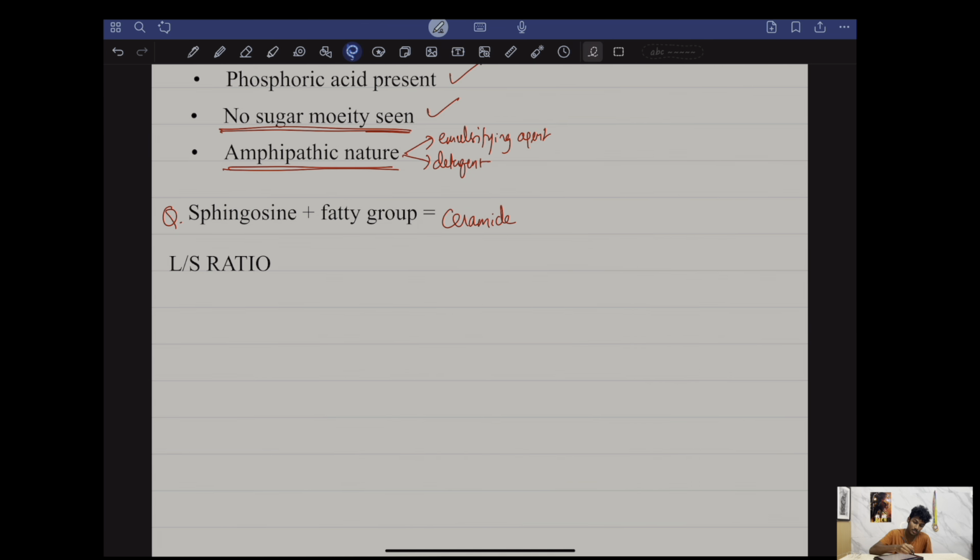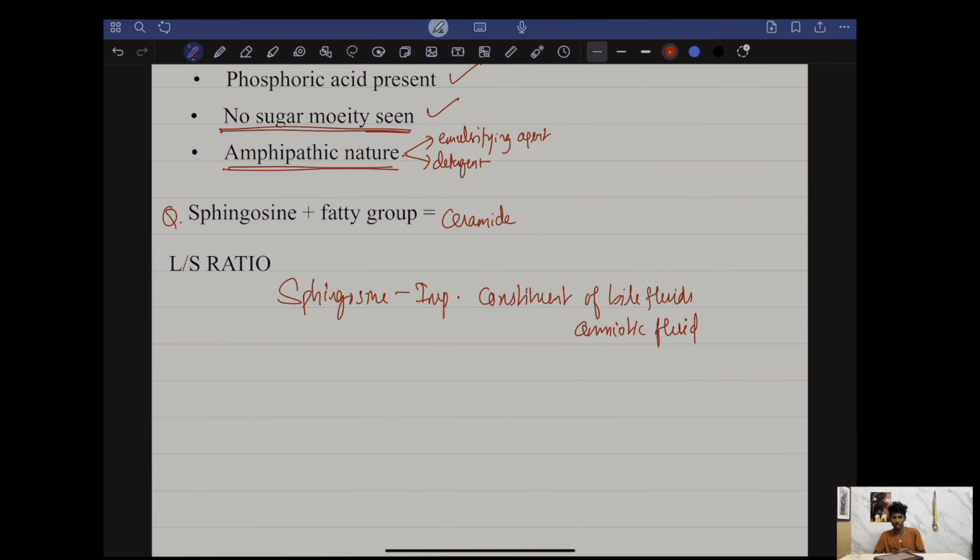Okay, what is the lecithin sphingomyelin ratio? Sphingomyelin is very important in fluids like bile fluids. Sphingomyelin is an important constituent of bile fluids, amniotic fluid, and all such fluids.